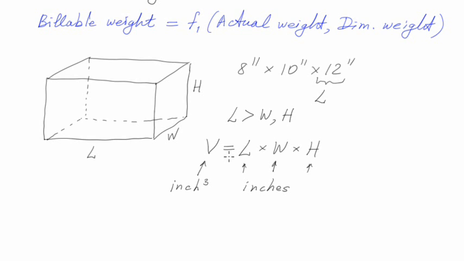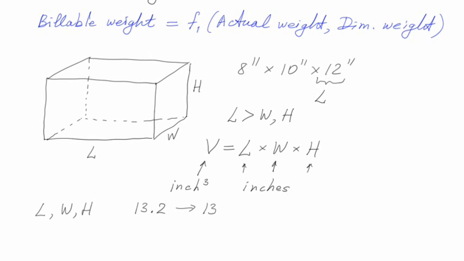According to UPS, and I'm not sure about FedEx, but I think it's the same rule, these sizes L, W and H should be rounded to the nearest whole inch. What it means is that if we measure length and find that it's 13.2 inches, then we should round it to 13.